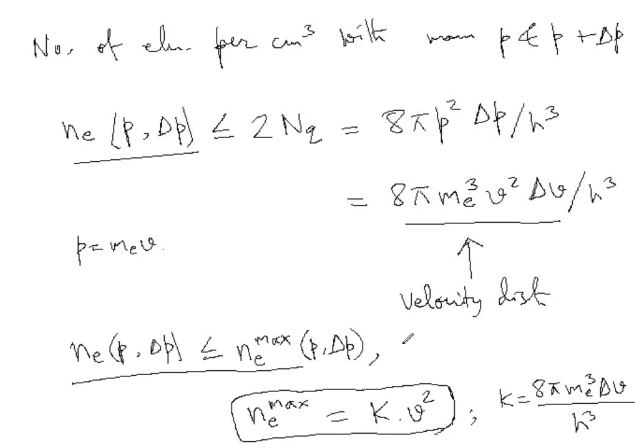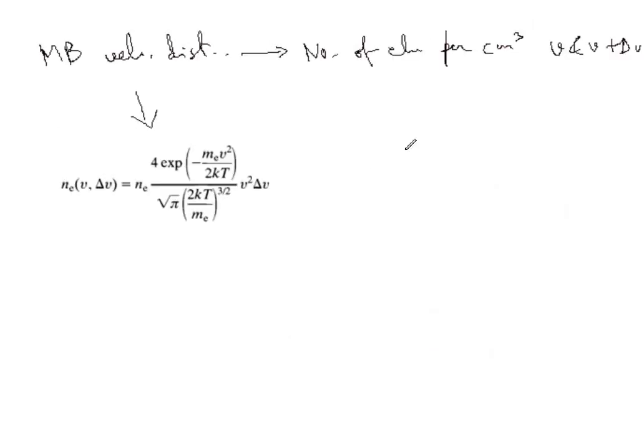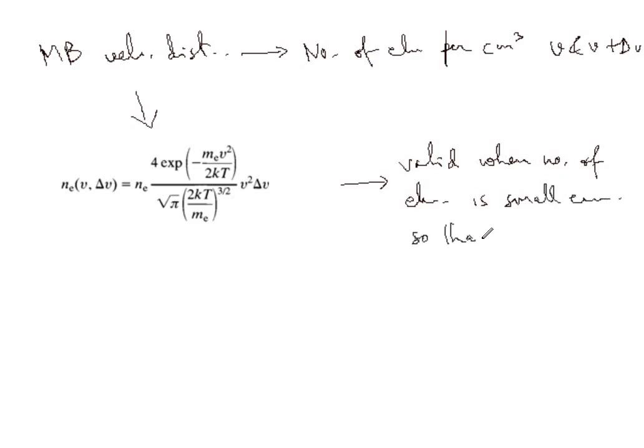So this is valid unless this condition, say condition A, is violated. The Maxwell-Boltzmann distribution is valid when the number of electrons is small enough so that condition A is satisfied.